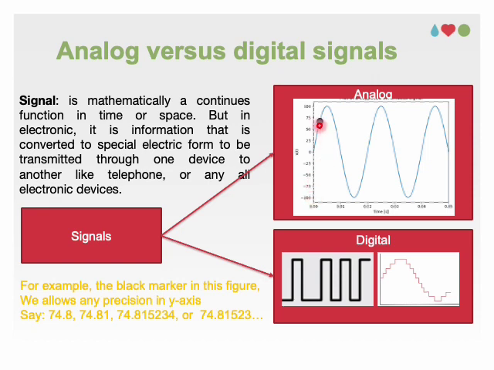As an example, the black marker in this figure, V, allows any precision on the y-axis, say 74.8, 74.81, 74.815234, or 74.815233 and other digits later.